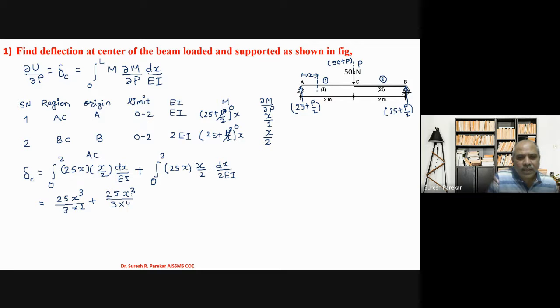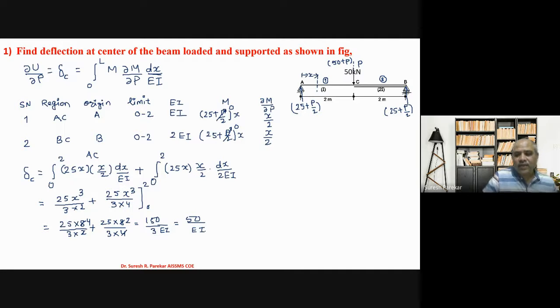And if we put the limits 0 to 2, then we will get 25 into 8 divided by 3 into 2 plus 25 into 8 divided by 3 into 4. So 4 twos are 8 and then 2 fours are 8. So we have 100 plus 50, so we have 150 upon 3 EI, and we will get it as 50 upon EI.